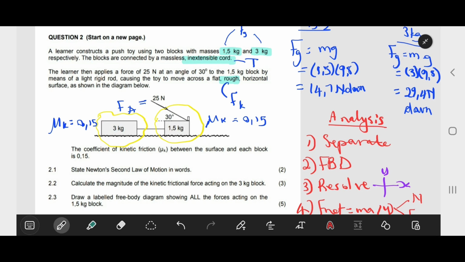Okay, because they said here in the statement, the applied force is causing the toy to move across a flat, rough, horizontal surface, right, as shown in the diagram below. So it means if you apply a force in that direction, then they will move in that direction to the right. So it means friction will be to the left. Okay, so let us draw all those forces in the 3 kg free body diagram.